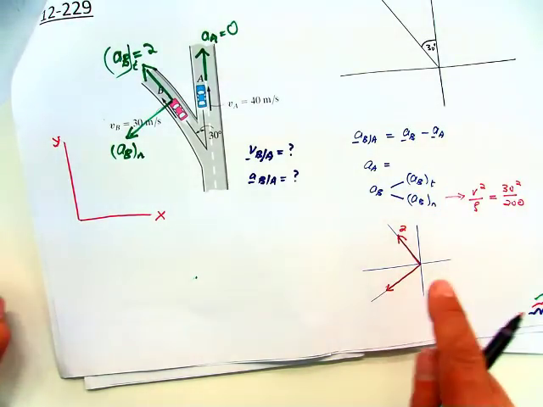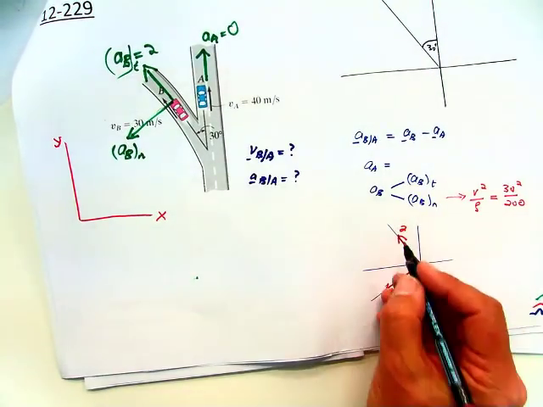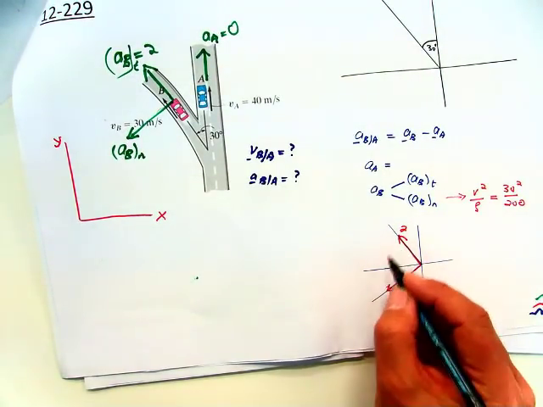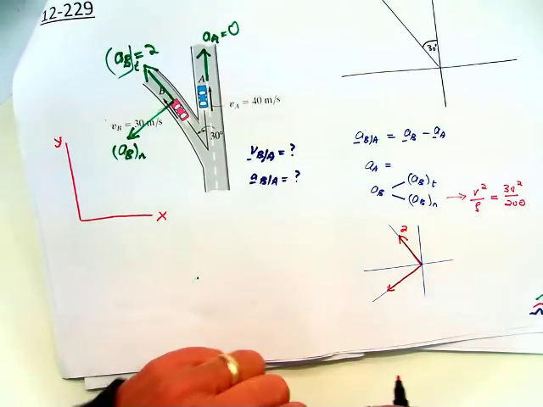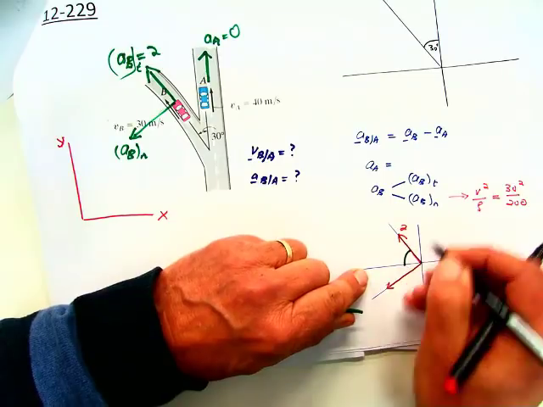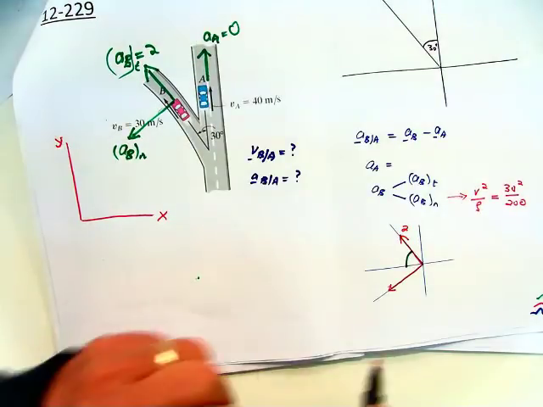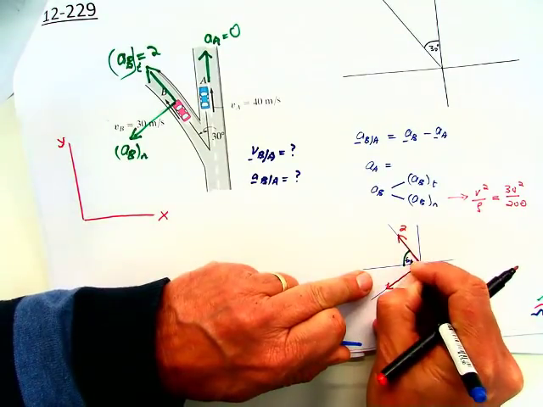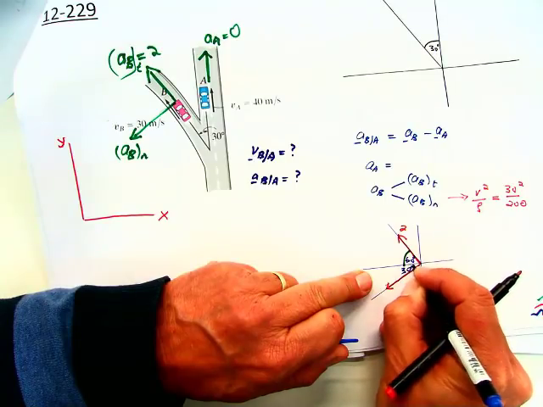And here it's best to work with i and j components. To write this resulting acceleration here, you have these angles. That will be 60 degrees. And these are perpendicular, so that will be 30 degrees.